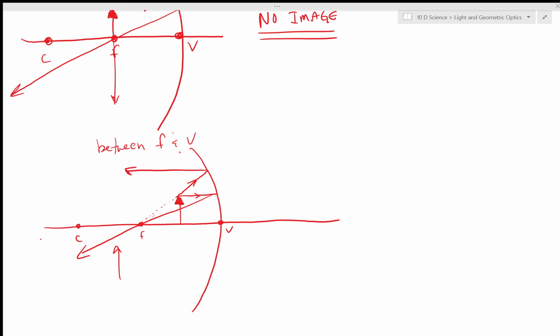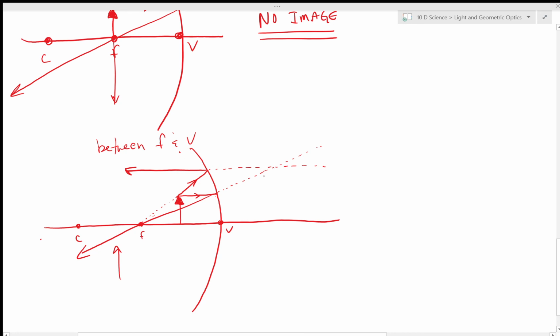But our brain is this really, really powerful computer, and it's able to see these light rays and extrapolate from where they came. And so if I take my reflected rays, as I did in the plane mirror, and extend them backwards behind the mirror, you'll see that at some point they would have crossed one another.